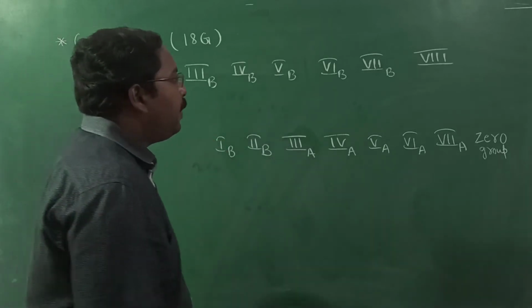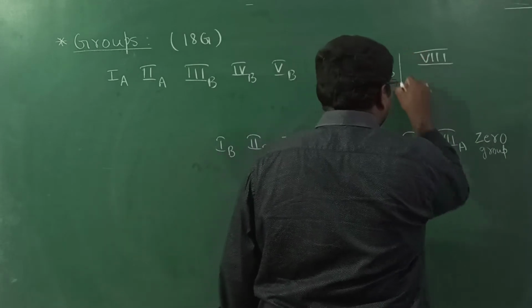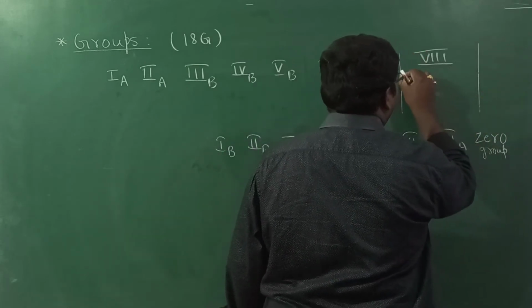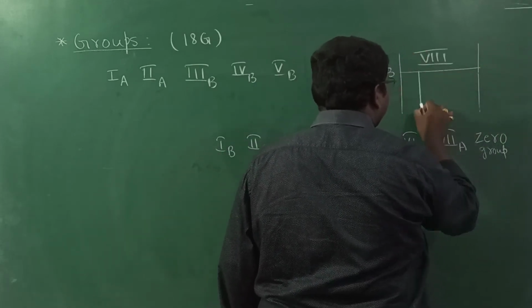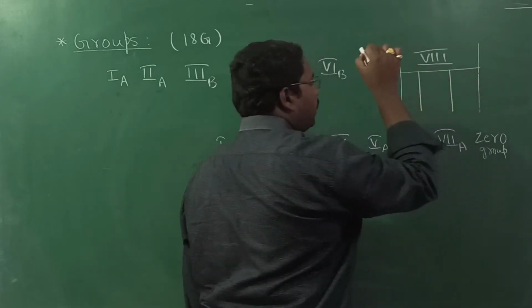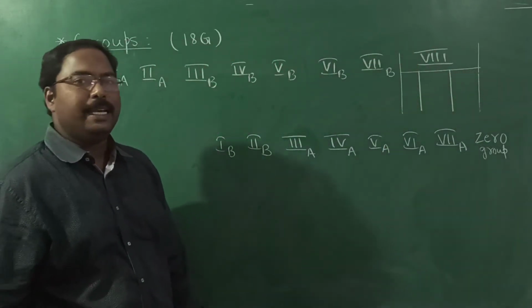But if you observe this 8th group, in the tabular form we all know this 8th B group is further subdivided into 3 groups.